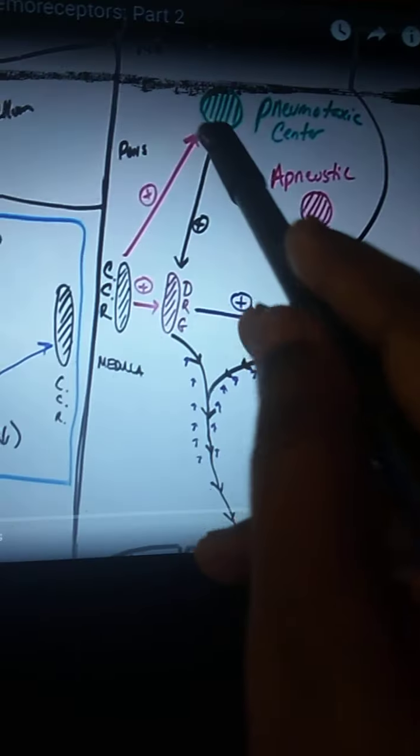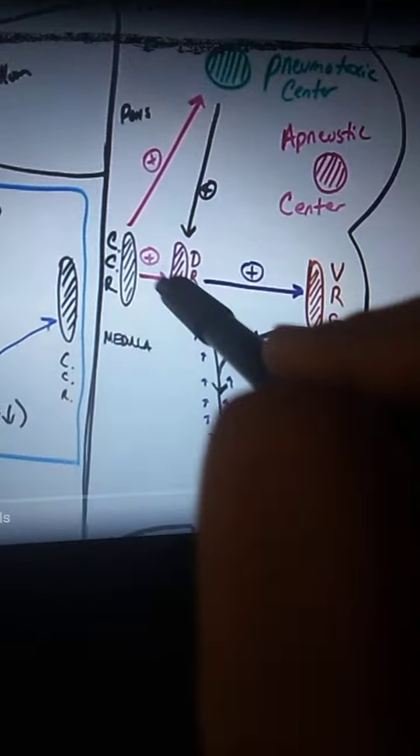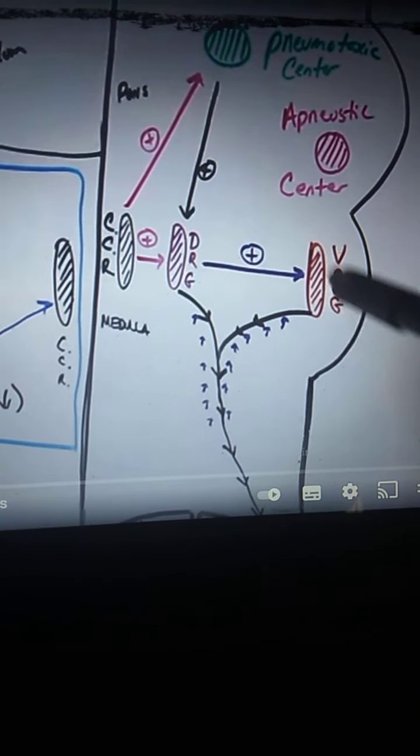The central chemoreceptors will activate the dorsal respiratory nucleus, and also the pneumotaxic center, which will further activate the dorsal respiratory nucleus. This again activates the ventral respiratory nucleus.